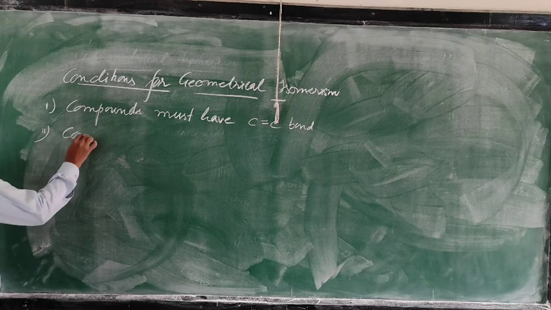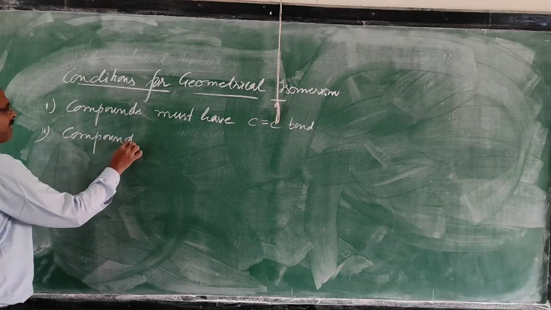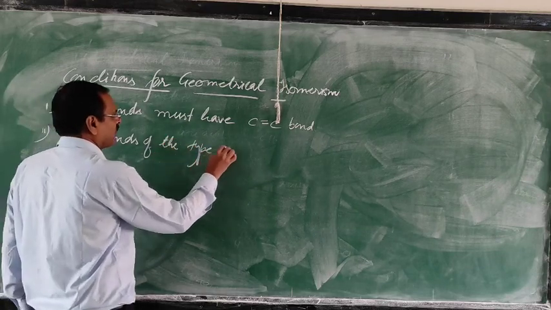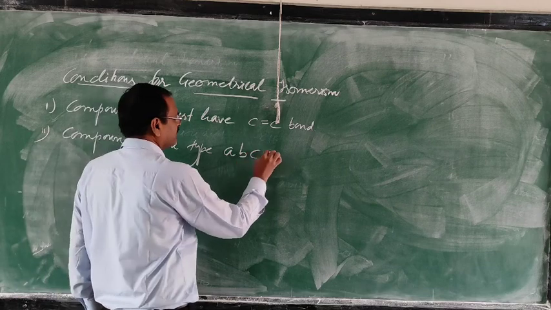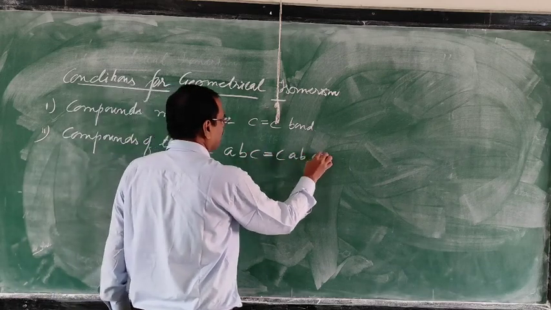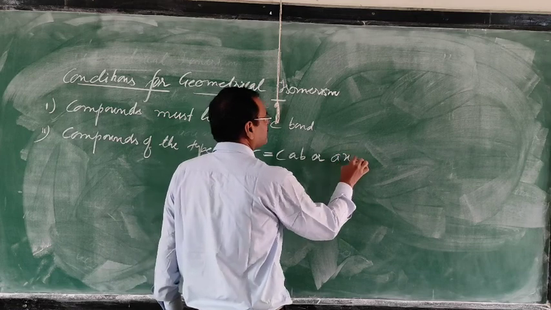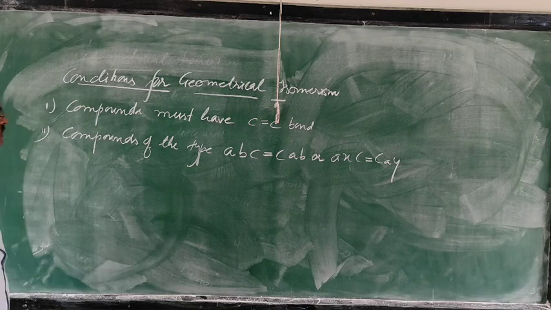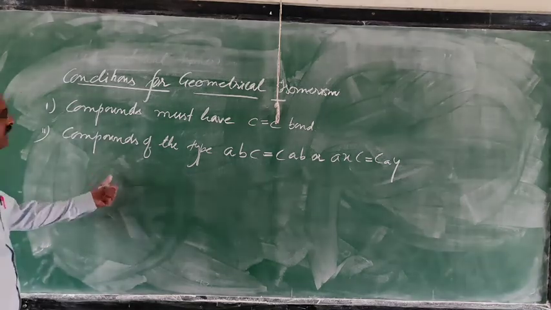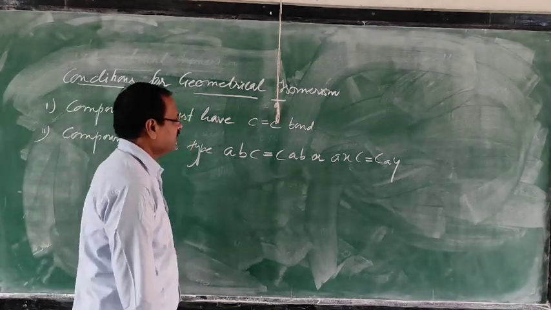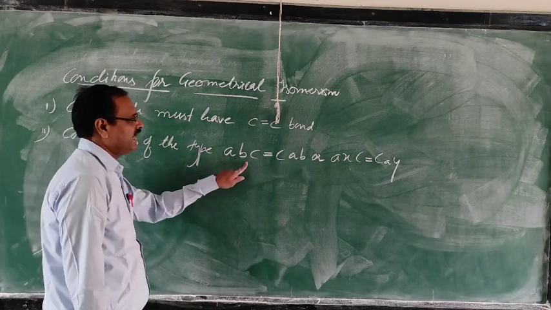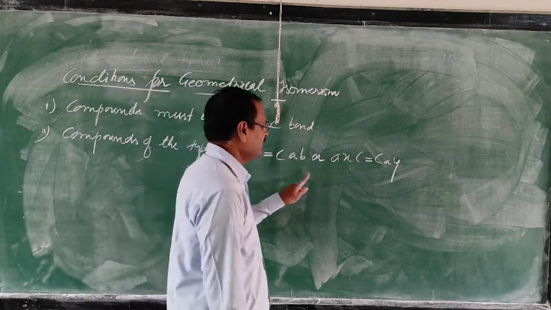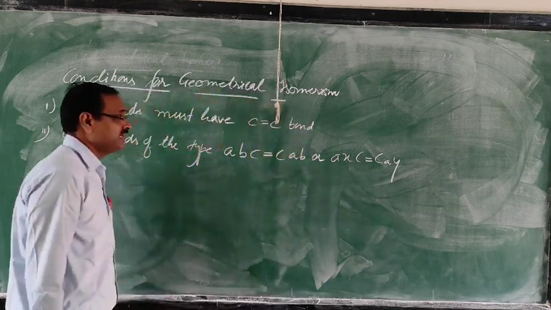And then compounds of the type AB C=C AB or AB C=C AB. So compounds must have the carbon-carbon double bond, and the two atoms bonded to the carbon-carbon double bond must be different. Then only geometrical isomerism will be possible.